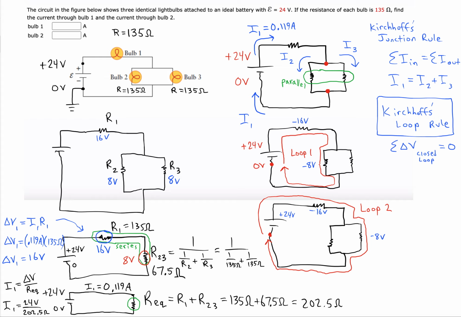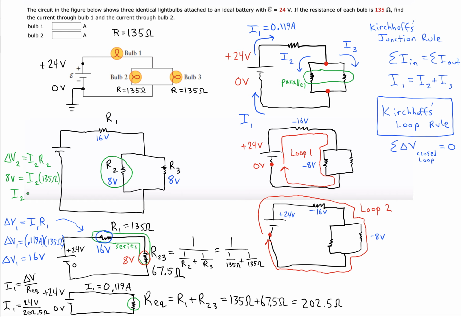All right, now let's apply Ohm's law to just one of these resistors now. Okay. So we'll do delta V for number 2 will equal the current through 2 times the resistance of 2. We know we're going to lose 8 volts. It's 135 ohms.